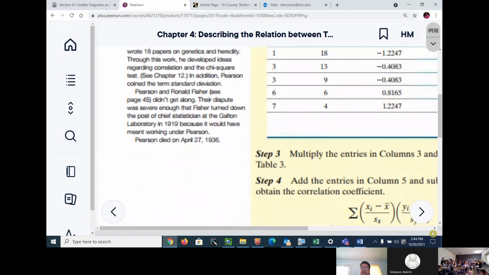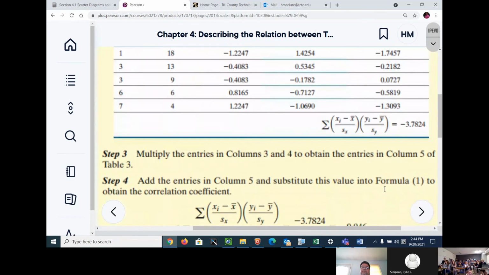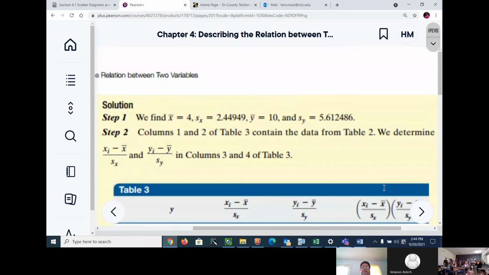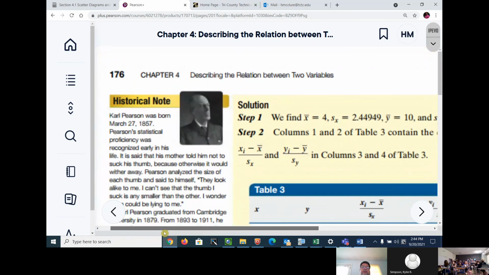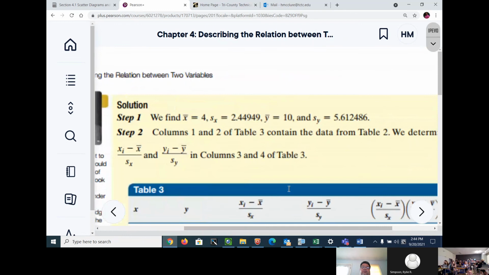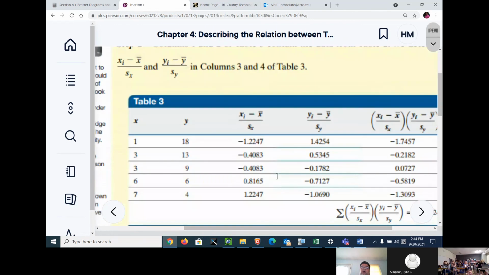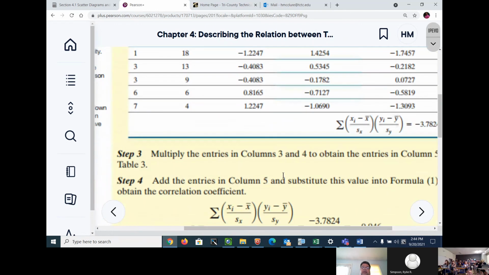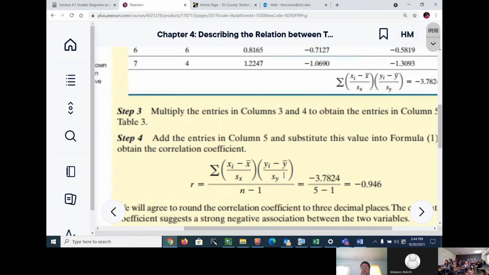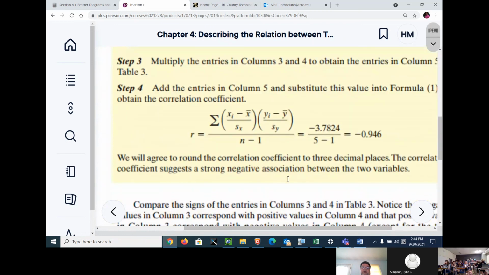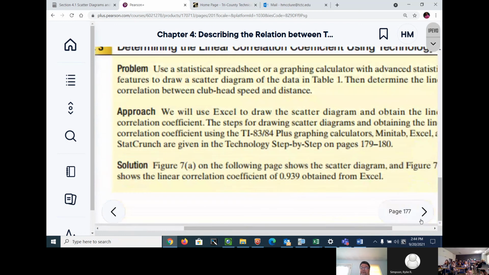Here's some of your math right there. Page 176 shows you how to find R by hand. And that's just a little bit too much.